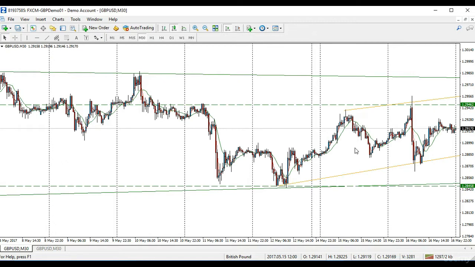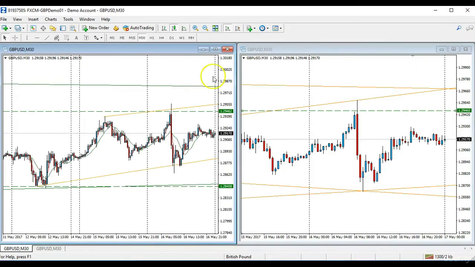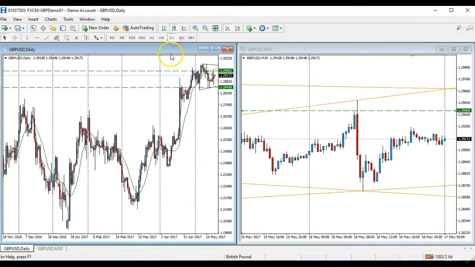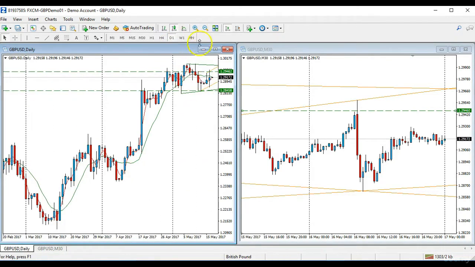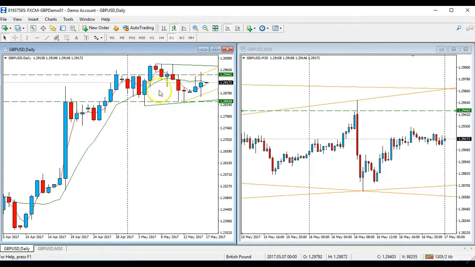But what this also tells me, if I go back to the daily chart, is that there's not a lot of momentum in the market. If you remember, in an earlier video I talked about how I use this moving average. Here's the momentum on the pound US dollar.